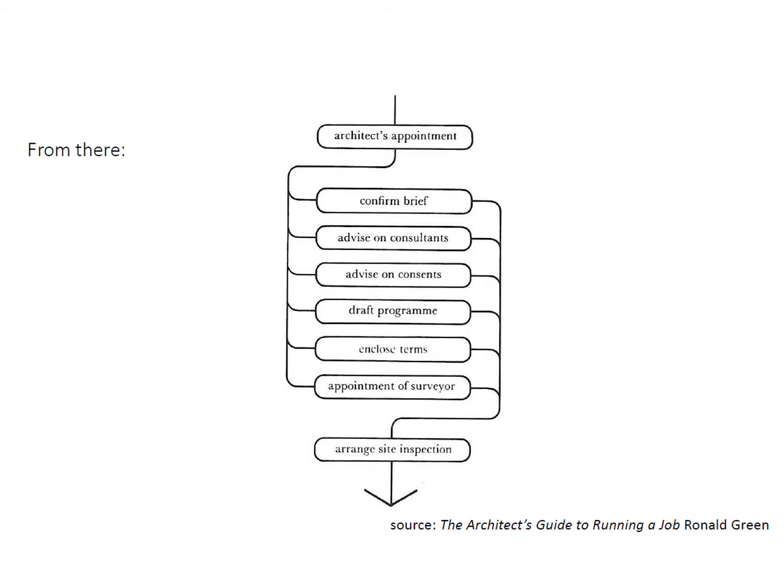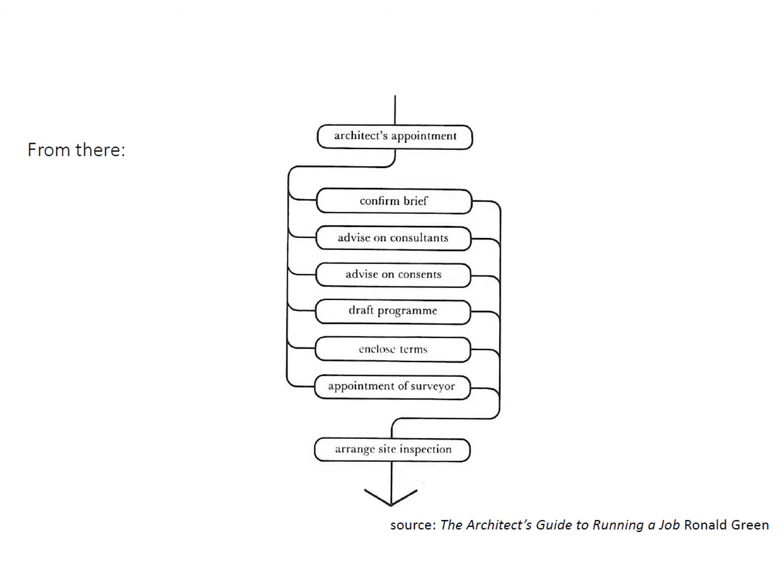You will draft a program. So between you, you will find out whether your client wants this project to be built in a year, 2 years, 3 years, 6 months, whatever. But it's important to find that out, I suppose, for your own point of view, to factor into your office practice's workload and to know what to expect. Then you will enclose terms. So these are terms for payment and terms for times for payments.